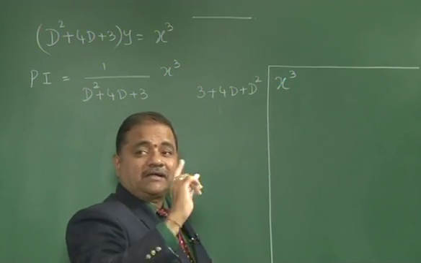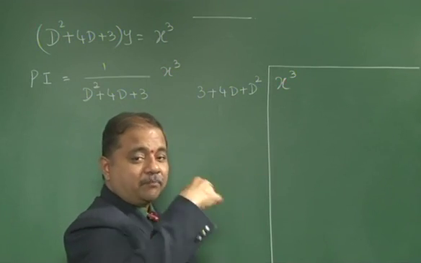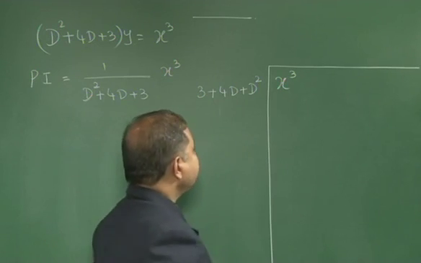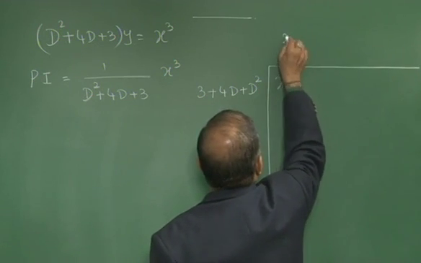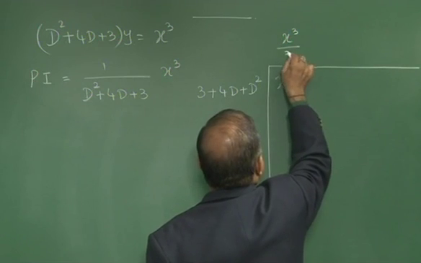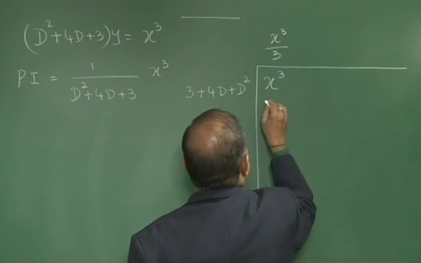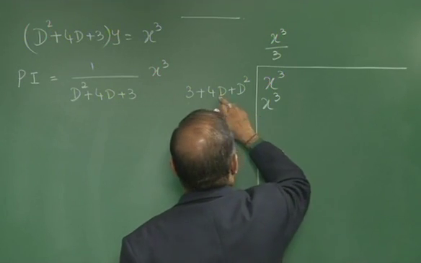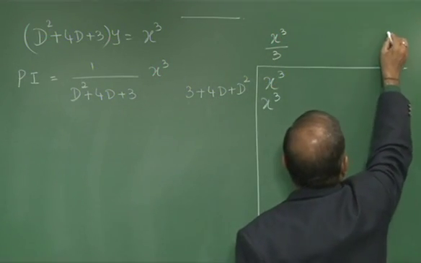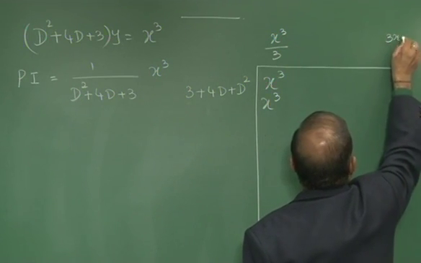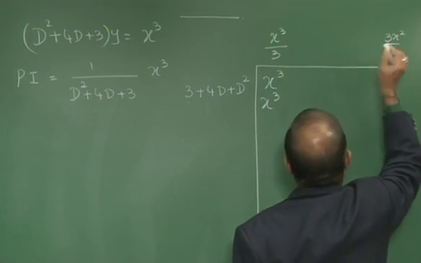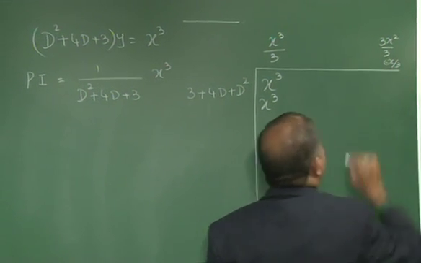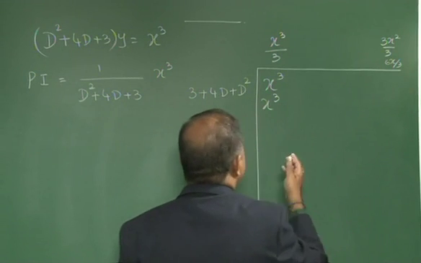Don't think only one term, x cube, is there; you will differentiate it and get all other powers. So first x cube by 3, again the 3 coefficient. Be careful: first differentiation, I will write 3x square by 3. Second differentiation, 6x by 3. You will get all the terms.